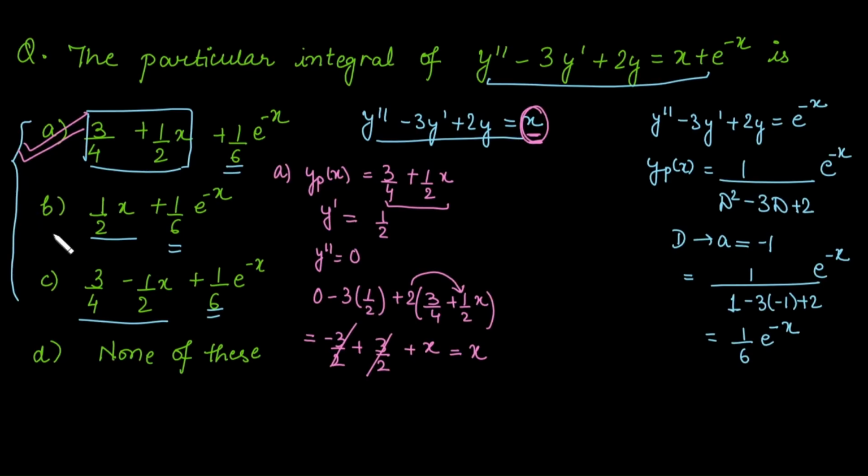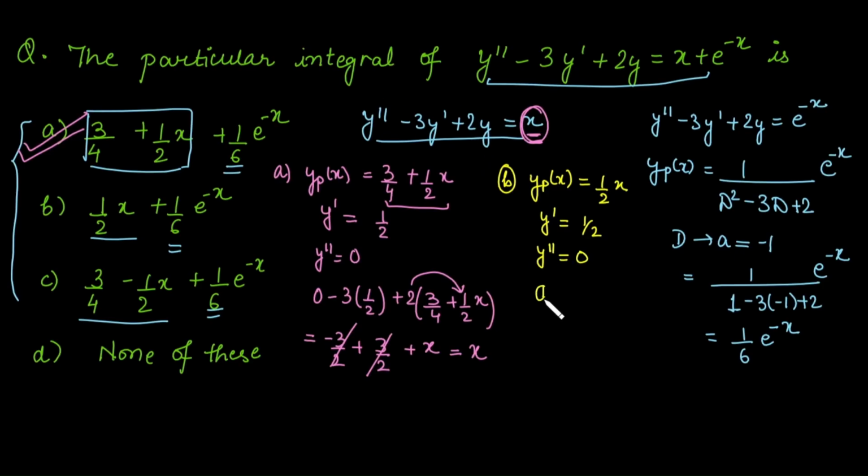You can verify for the B if you want. Just for your convenience, I am writing for the option B. If we take particular integral in this case as a B option, it means answer is 1 by 2 into x only. First order derivative is 1 by 2. Second order derivative is 0. Substitute these values over here.